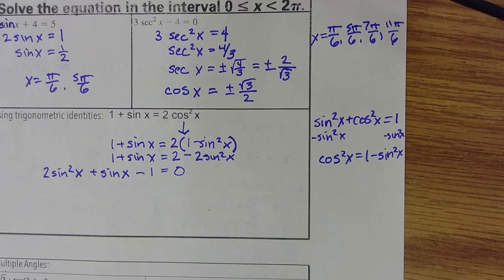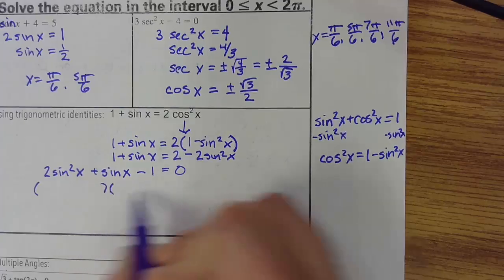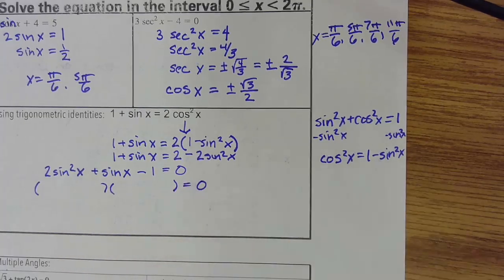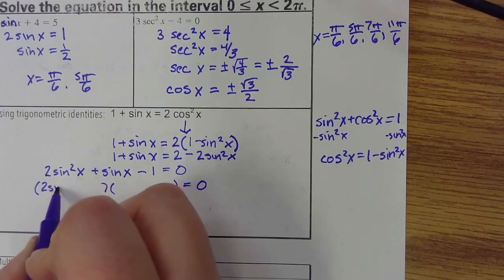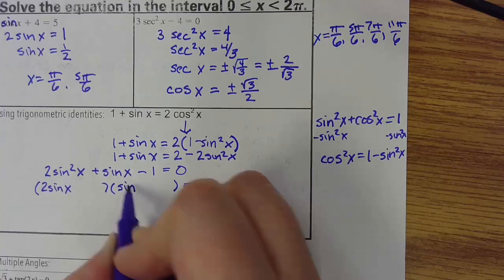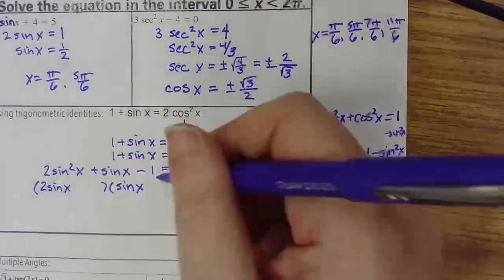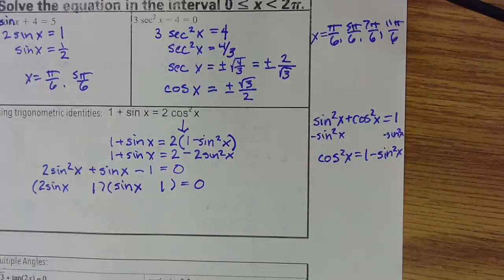Is it factorable? Hopefully it is. Let's try. So I would have 2 sine and sine. I know it has to be 1 and 1.